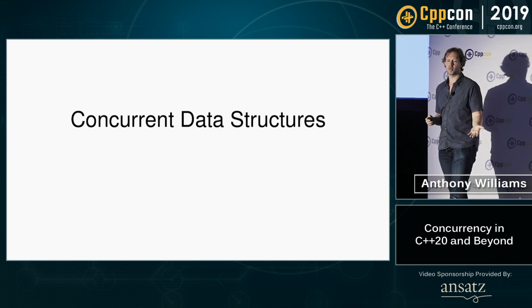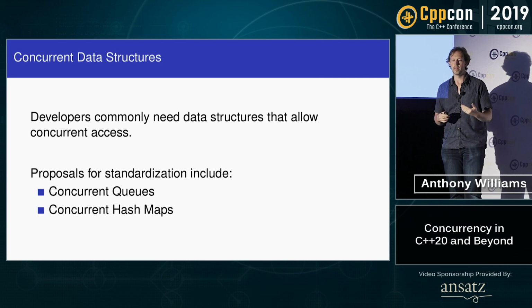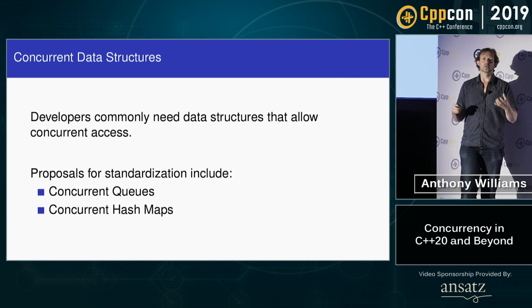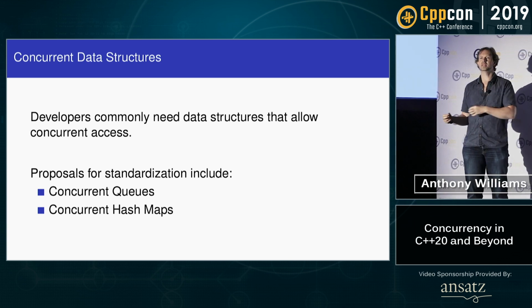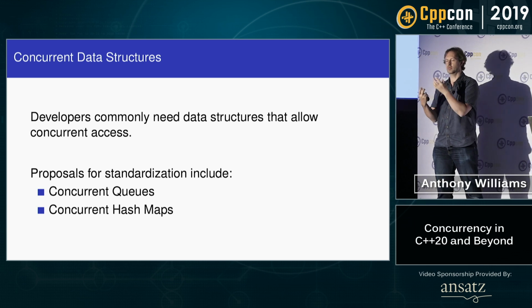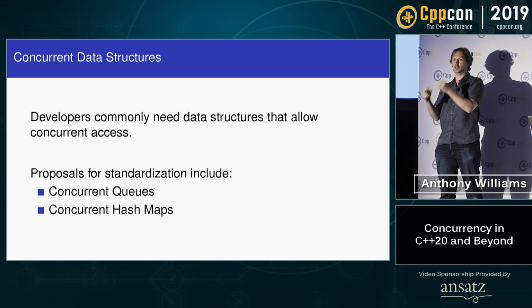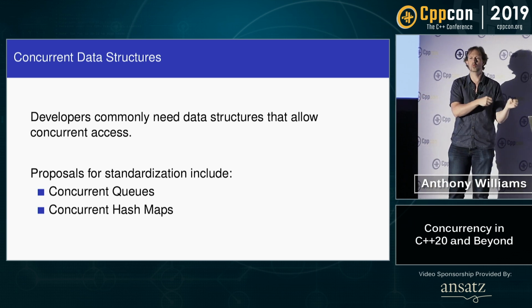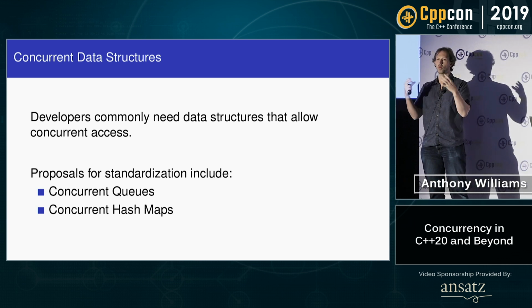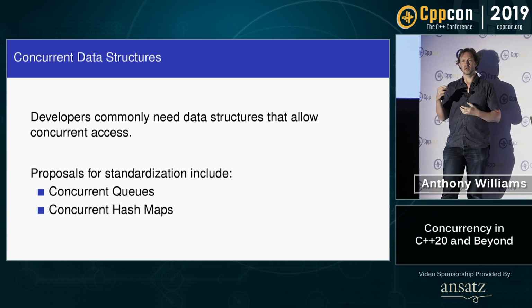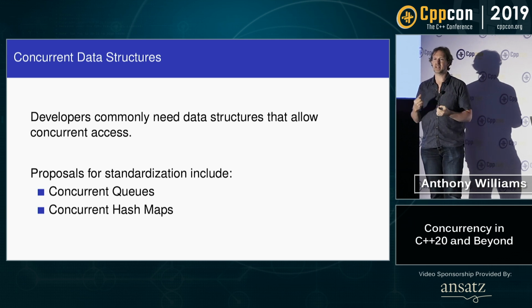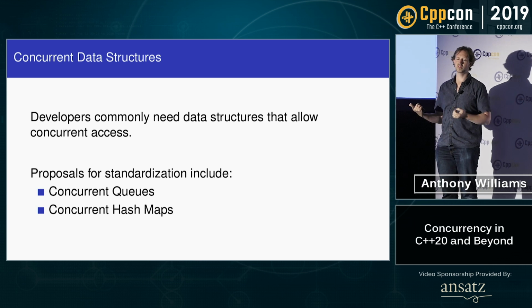We also have some proposals for concurrent data structures. If you're sharing data between threads, then you're going to want to have some data structure to encapsulate that. Obviously, if you're sharing single values, synchronized value works quite well, but you might want more than that. We've got concrete proposals for standardization for queues and hash maps.